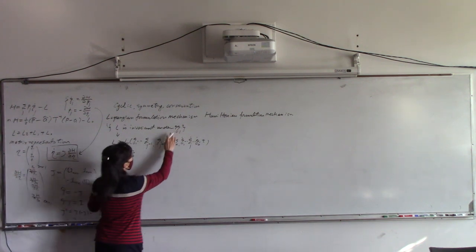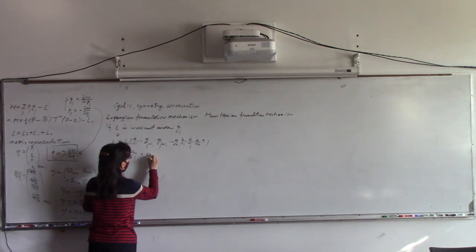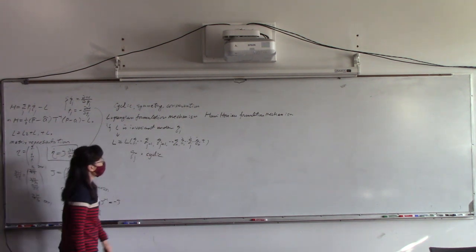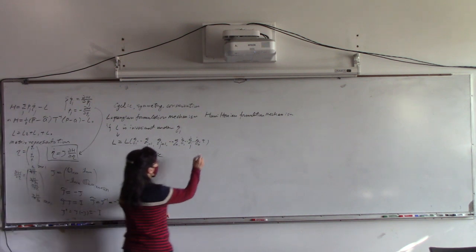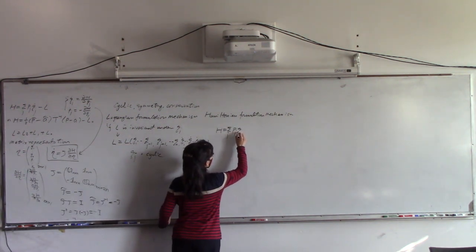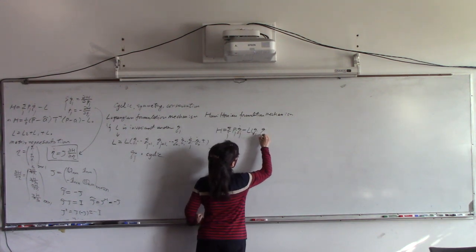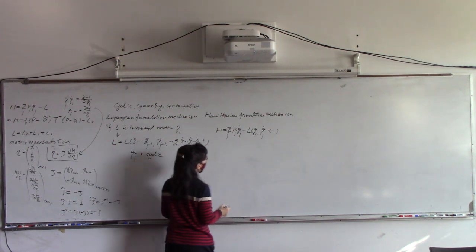So Qj is cyclic. How about in Hamiltonian? Let's see, Hamiltonian is the summation of Pj, Qj dot, minus L, which is a function of Qj, Qj dot, and T, right?